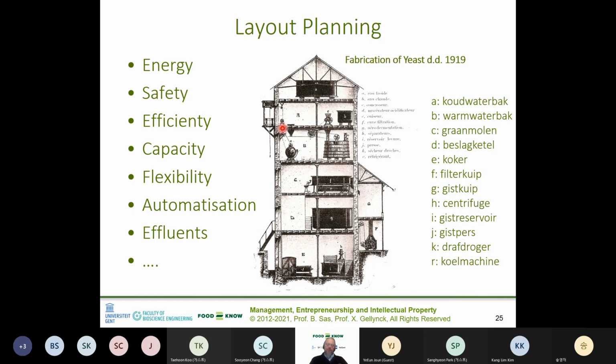Of course, if you start here, you have to bring up solid materials with a lift, or liquid materials which can be pumped. But this is how gravity was used, and that's a very efficient way of looking at energy. It's just gravimetric instead of moving and pumping and carrying intermediates around.